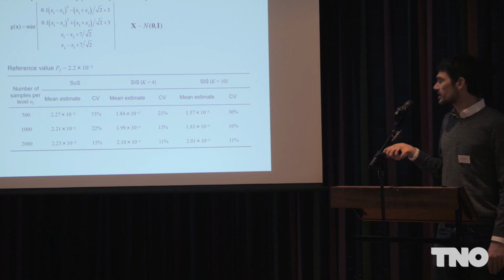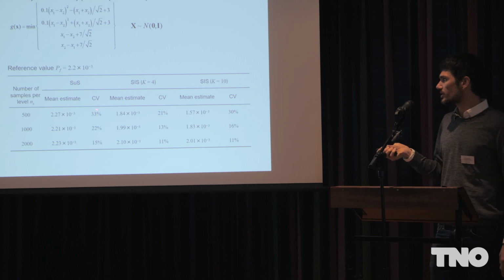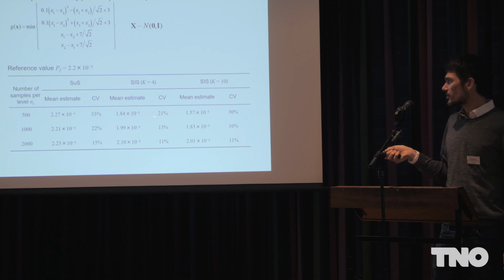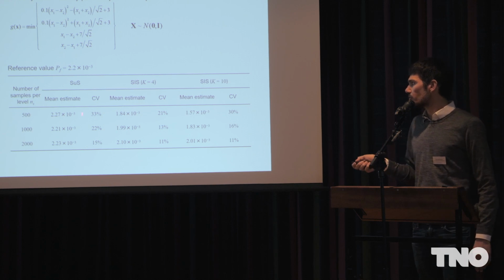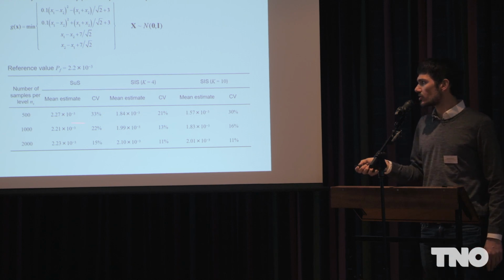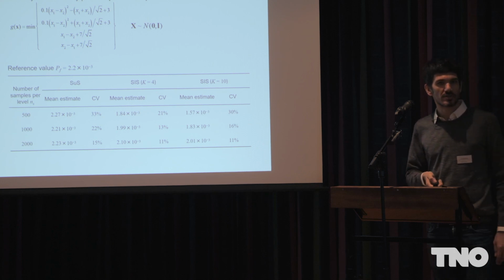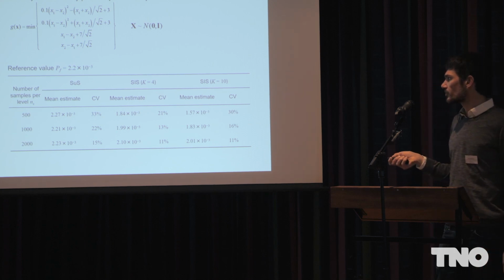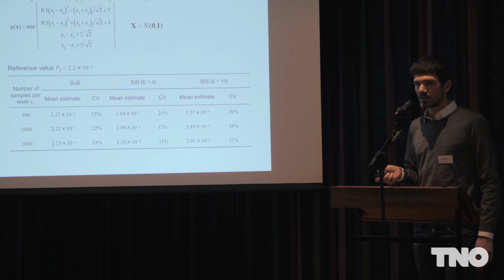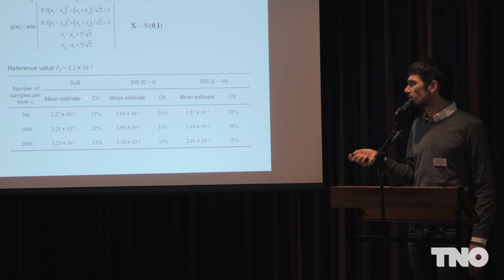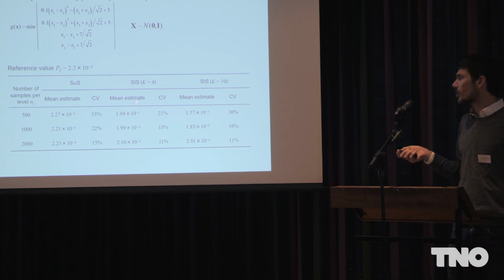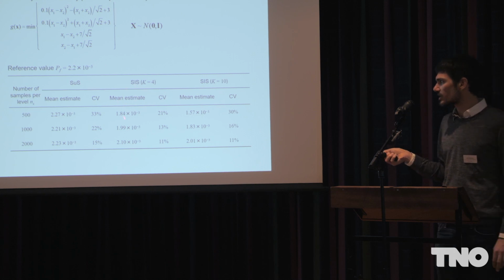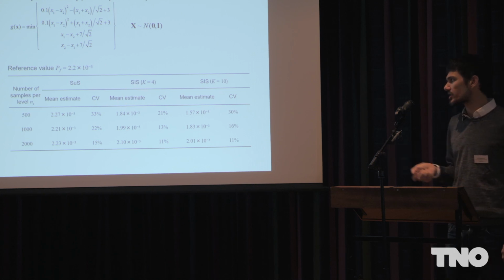What you see is that for this problem, SIS performs better than subset simulation in terms of coefficient of variation. If you compare this column with this column, every row corresponds to a different number of samples per level. Subset simulation is unbiased already for 500 samples per level, while for the sequential importance sampling, the unbiasedness comes as we increase the number of samples.